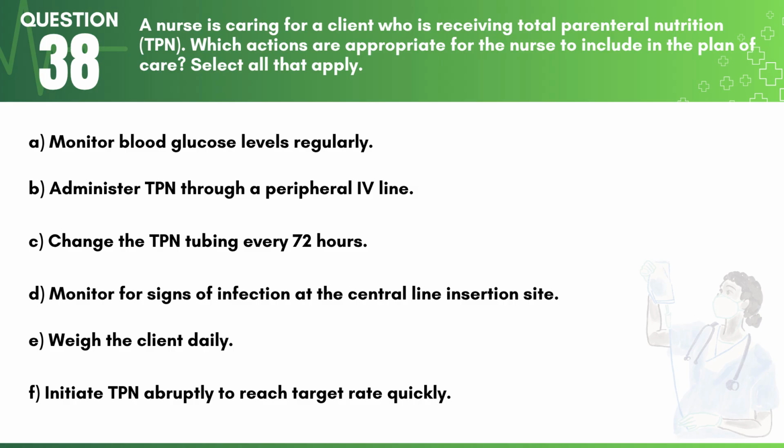C. Change the TPN tubing every 72 hours. D. Monitor for signs of infection at the central line insertion site. E. Weigh the client daily. F. Initiate TPN abruptly to reach target rate quickly.